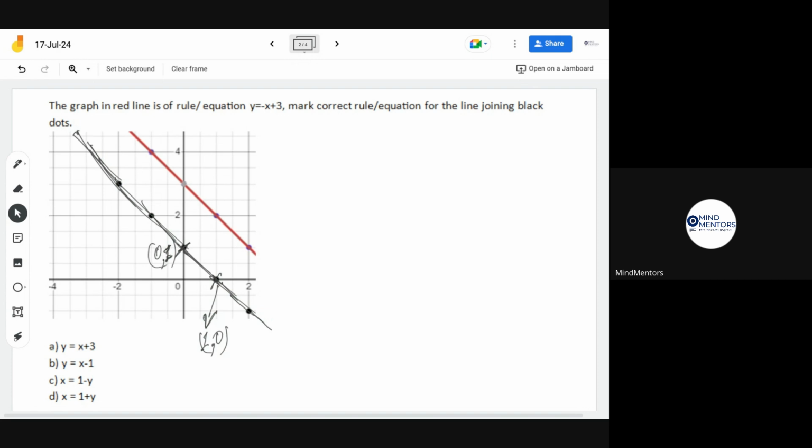Aaron, do you remember what's the relationship between gradients? It's the same. Which means if the first equation is y equal to minus x plus 3, in this case m is equal to how much?